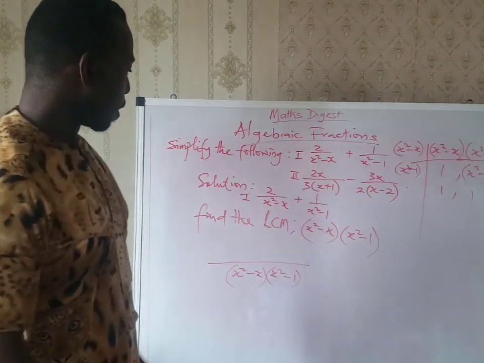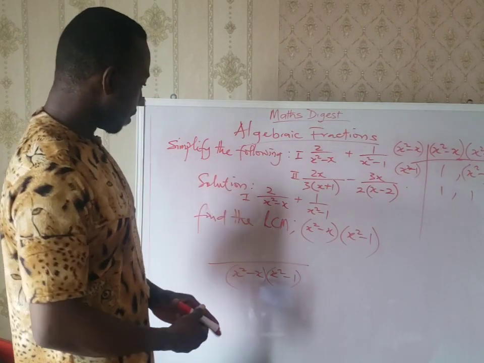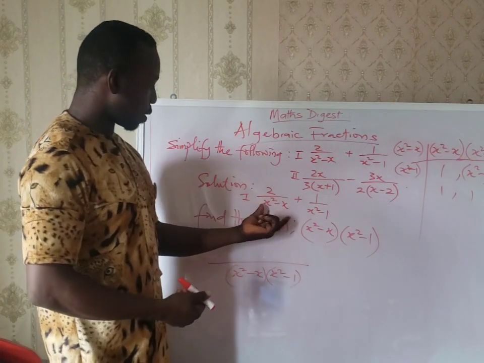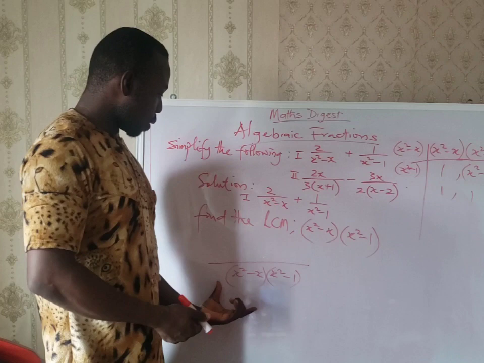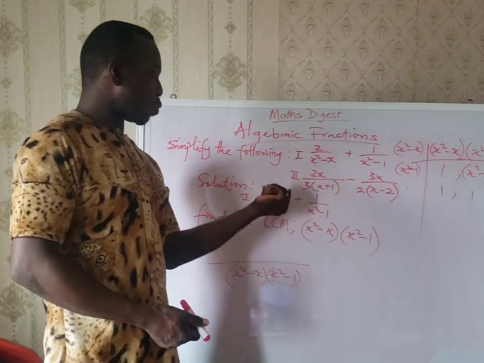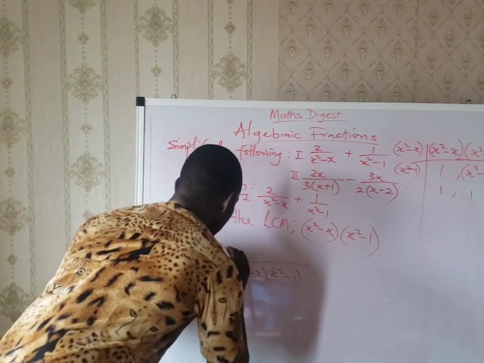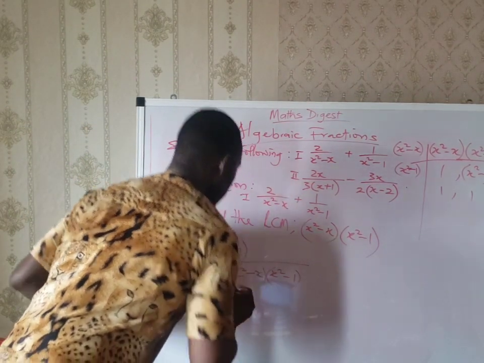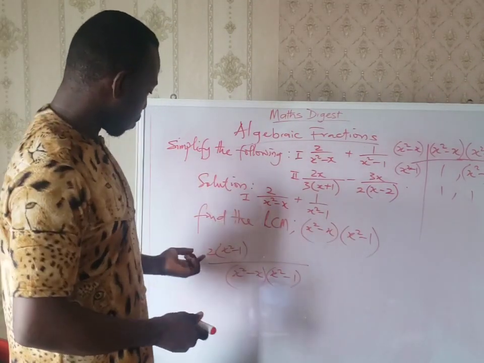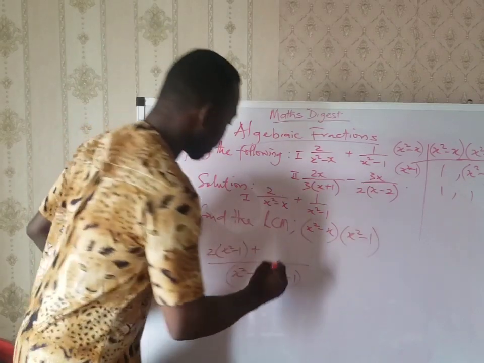Now at this, we use this to divide the LCM, the first one here. When we divide here, we only cancel this and we are left with this. So we use this and multiply the numerator, plus 1.